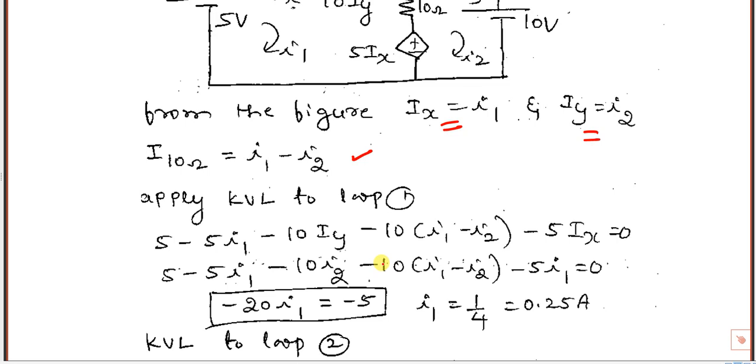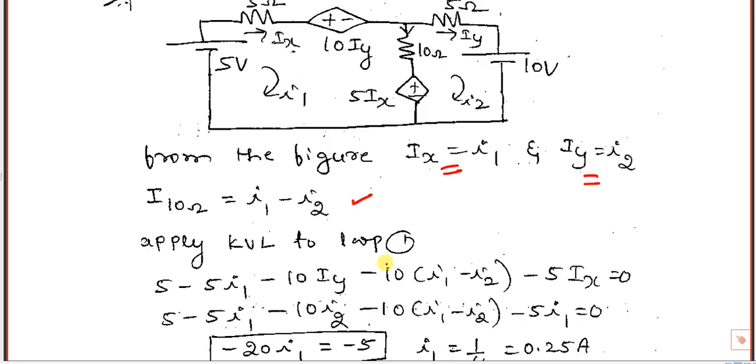So apply KVL to mesh 1. You can write, starting from this, minus 5 plus 5I1 plus 10 IY.